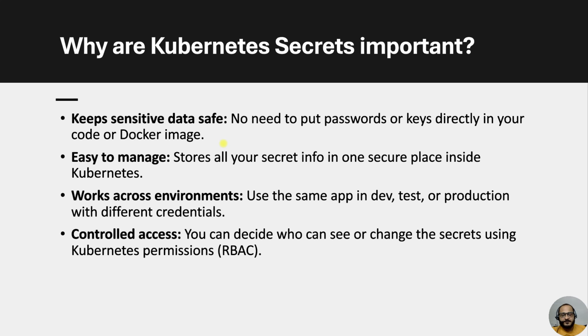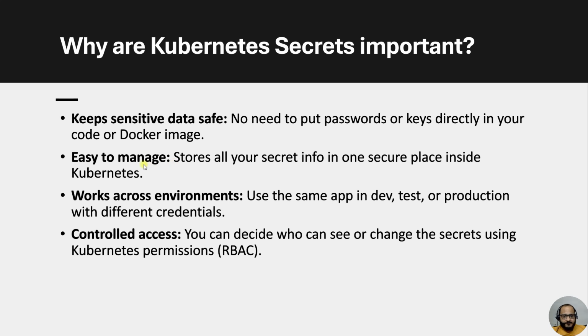There is one more benefit you will get. In case your credential is going to expire or your certificate is about to be renewed, you do not need to build the entire image. You simply update your Kubernetes Secrets and restart your application pod, and your application will fetch the latest updated credentials from Kubernetes Secrets.